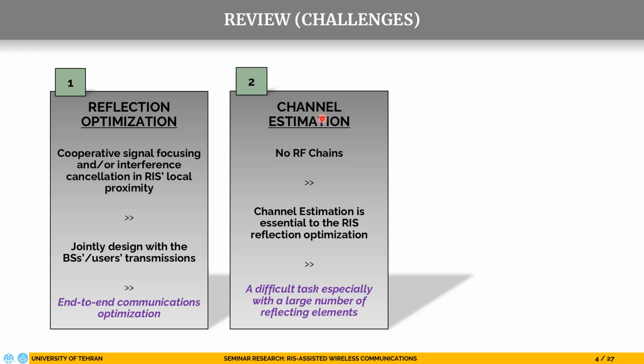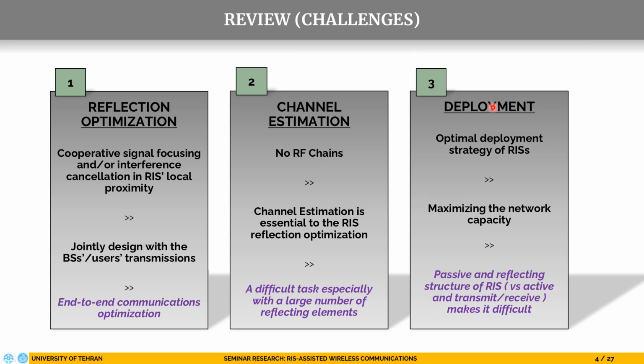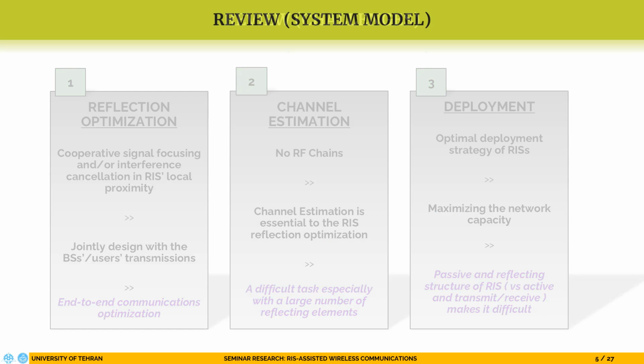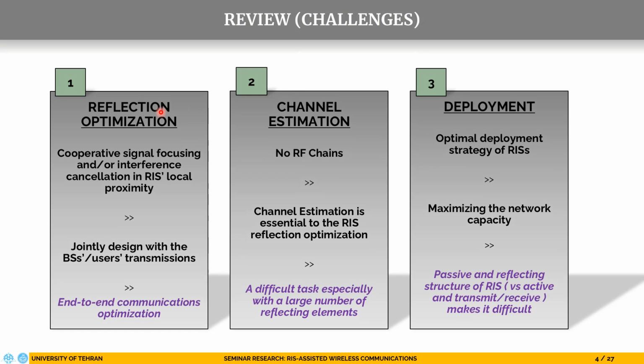Channel estimation was a second challenge due to the lack of RF chains on the reconfigurable intelligent surface, which was a good thing actually. And the final challenge was the deployment. In this lecture, actually, we covered the two first challenges, which are the most important.